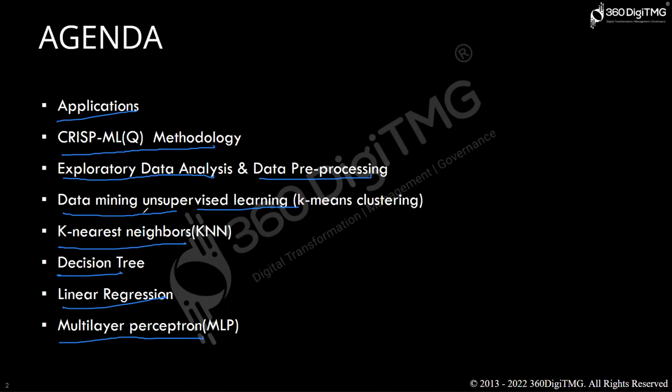The next thing we have is CRISP-MLQ. What is meant by CRISP-MLQ? Let me explain it for you. It stands for Cross-Industry Standard Process for Machine Learning Quality Assurance.